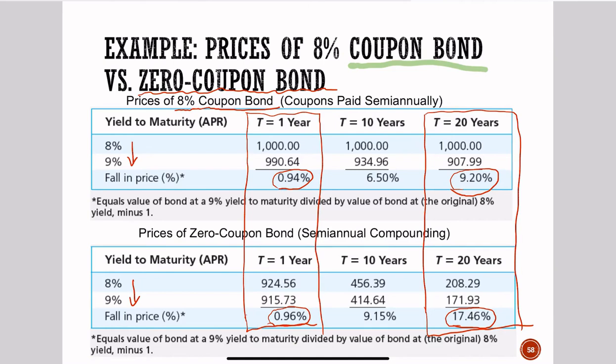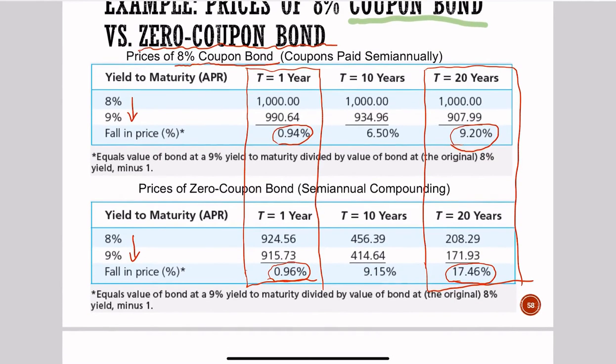So the observation here is we know that if a bond has a longer maturity, then it will suffer more from interest rate risk. That is, if a bond has a longer maturity, its bond price will decrease more if interest rate increases.